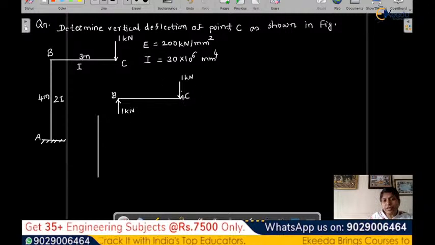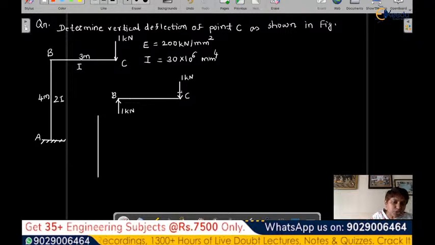Now, because of this point load acting, it is creating some moment at this point. Okay, 1 into that length. So this length is 3 meter. So what will be moment over here? 1 into 3, means load into perpendicular distance. So 3 kilonewton meter. Now it is making a clockwise rotation, right?